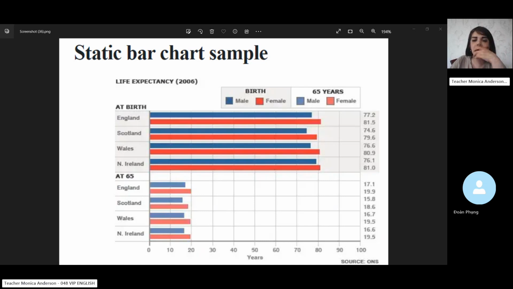So I want to say that, again, at the age of 65, the order is the same, with England first, and after that we have Wales and Ireland.